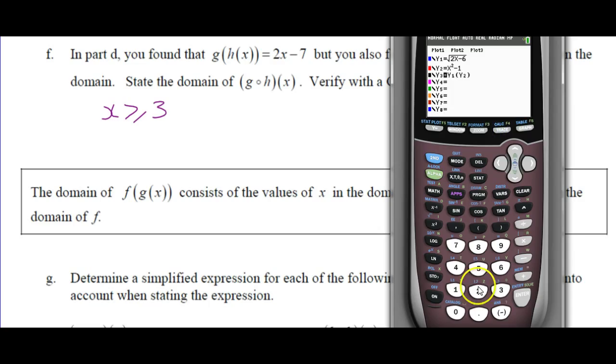I want y2 of y1. Wrong composition. Okay, so here we go. There's your domain: x is greater than or equal to 3.